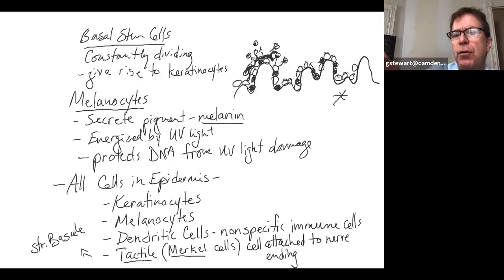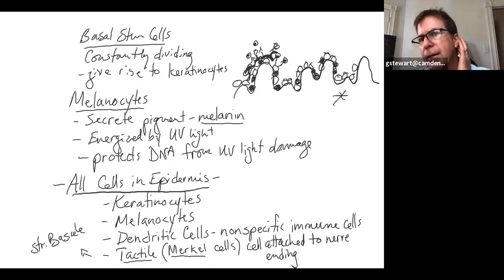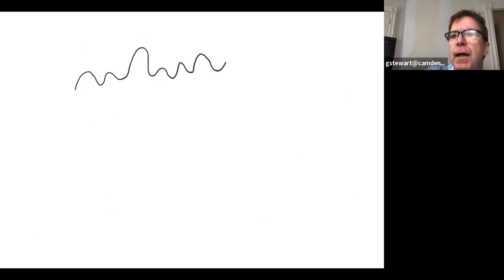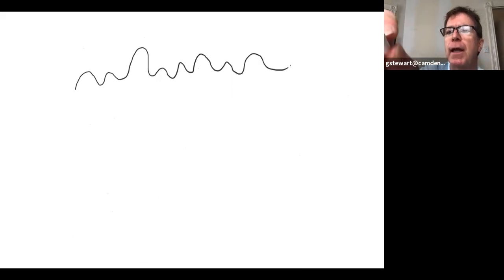Going back to the stratum basale, these are all cells in the epidermis pretty much. Going back to say a few more things about that deepest layer of the epidermis, I'm going to go to a new whiteboard. I'm going to draw my wavy line here, and everything above the wavy line is epidermis, everything below it is dermis.